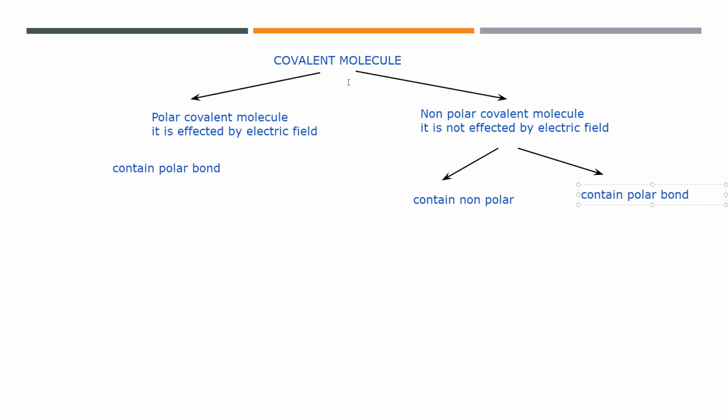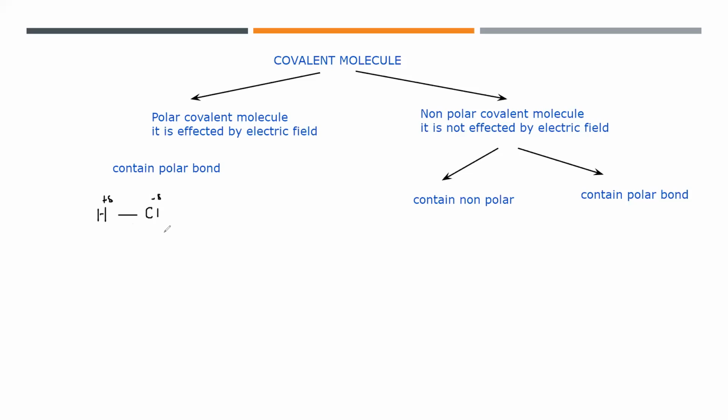For example, hydrogen chloride, HCl, has a partial negative and a partial positive. If there is an unequal distribution of charge in the molecule and the charge still appears on the molecule, we call this a dipole moment, or a net dipole moment.